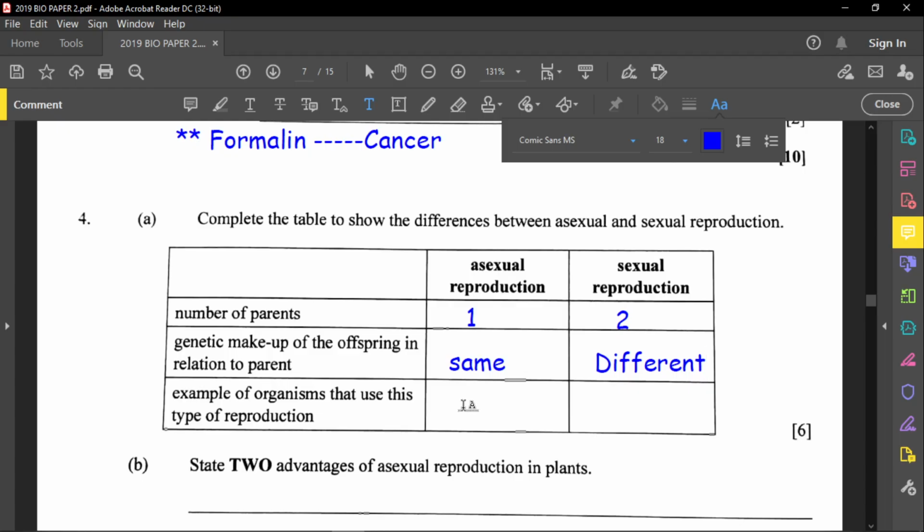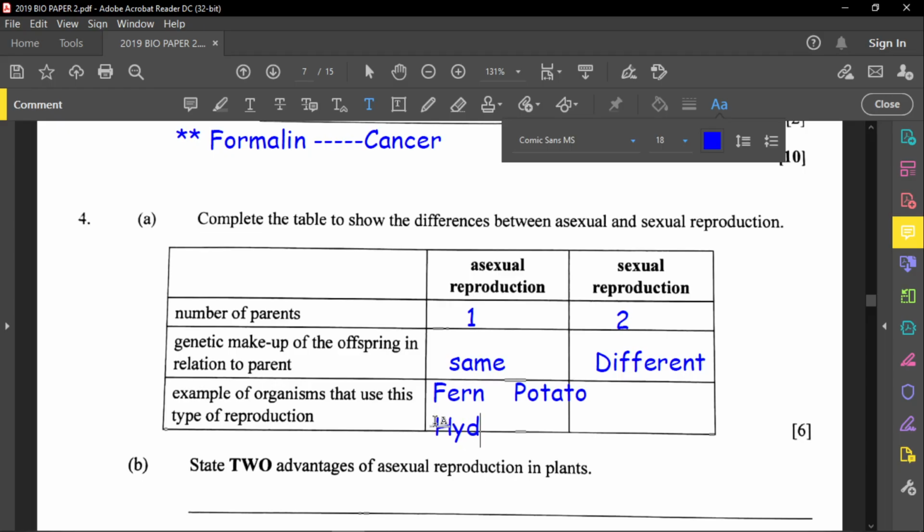Now, examples of organisms that use this type of reproduction. There are many organisms that use asexual. So I'm going to list a few of them. So just in case, fern is a good one. So we have fern. We have potato. Potato is also a common one that we'll see on exam as well. You may see hydra.